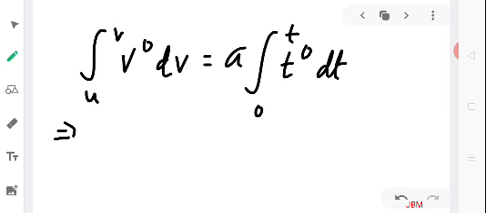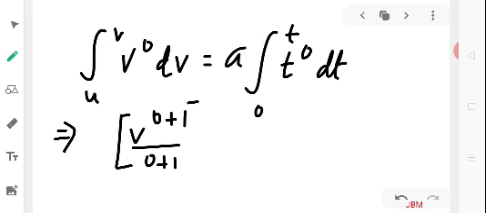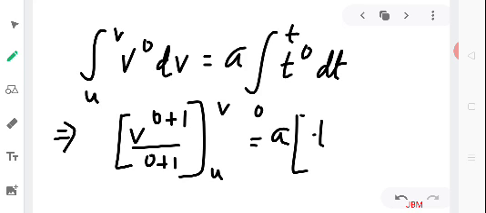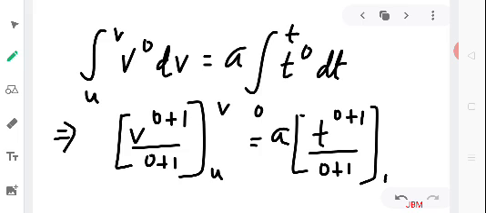So on the left hand side you get v raised to the power 0 plus 1 by 0 plus 1, putting the limits u and v, equal to a, t to the power 0 plus 1 divided by 0 plus 1 and the limits 0 and t, isn't it?